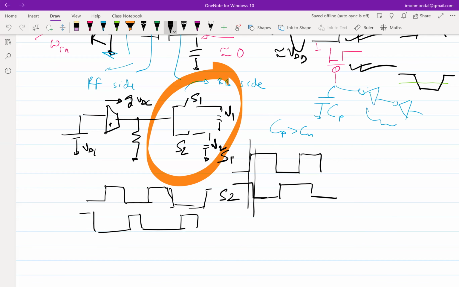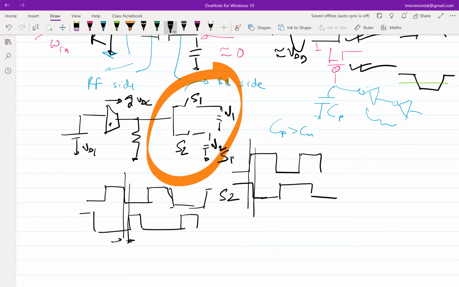This is less of a problem, but what can potentially be a problem? Signal is not going to the mixer. Exactly. So there is this time when both the switches are off, which means the signal is basically not passing to the capacitor at all.